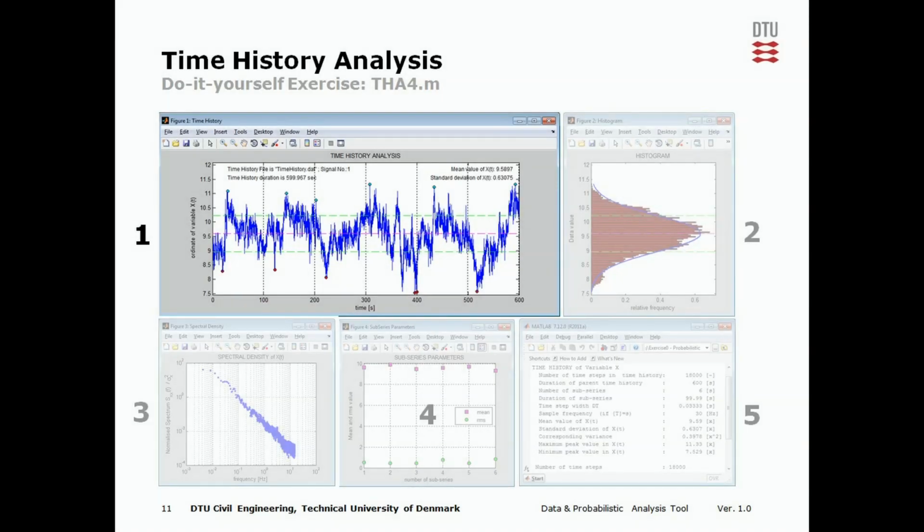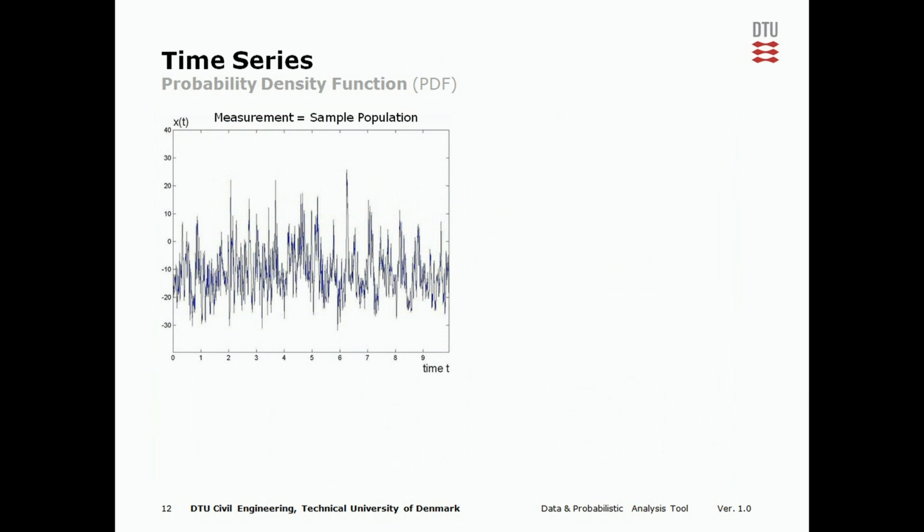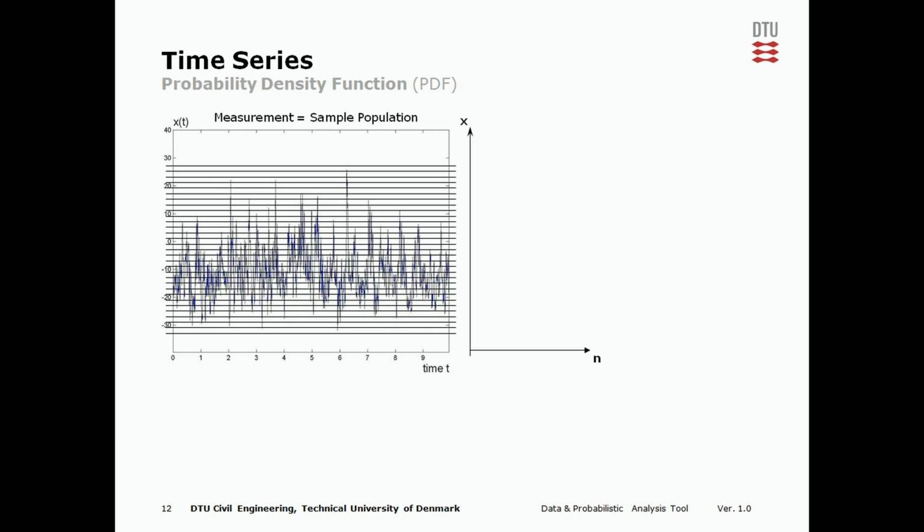The next thing we're looking at is the density of our data points within the measured time history. If we now use a data set and would like to know how broad or in which fashion the data points spread over the measured range, we can apply a set of bins which we use to count the number of data points which fall within the individual bin.